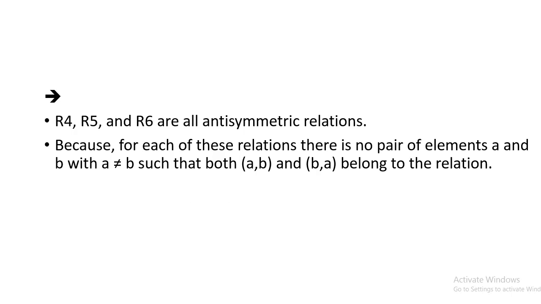R4, R5 and R6 are called antisymmetric relations. Why are these called antisymmetric relations? Because for each of these relations there is no pair of elements a and b with a not equal to b such that both (a, b) and (b, a) belong to the relation. So what does it mean?